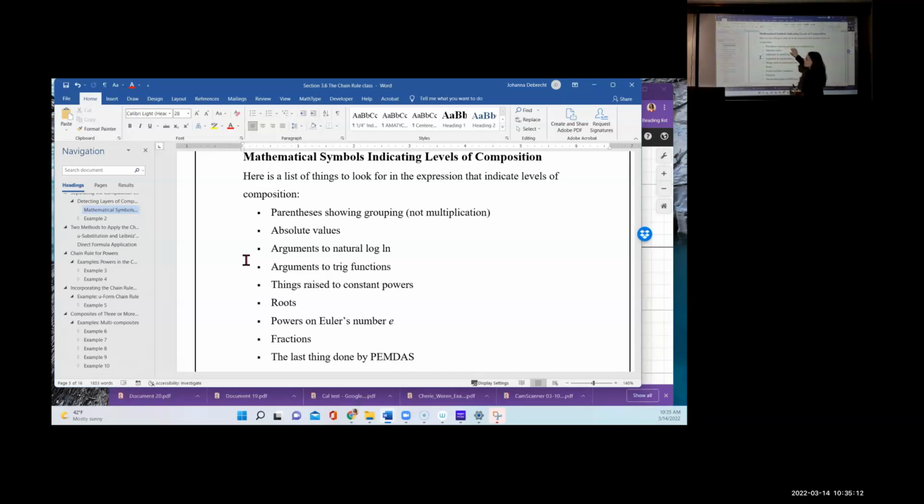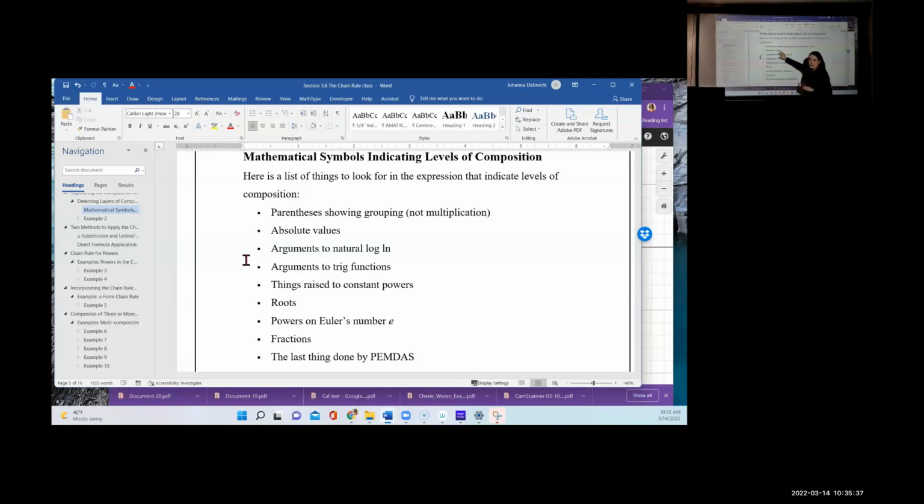But parentheses showing grouping, like x squared plus 5x plus 2 in parentheses, that shows grouping. If you have -2 in parentheses and then a 4 in parentheses, that's showing multiplication. So make sure you know the difference between the two. Parentheses showing grouping are a good way of finding where you have an inner function.